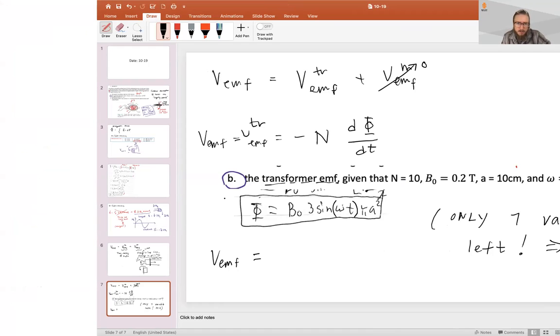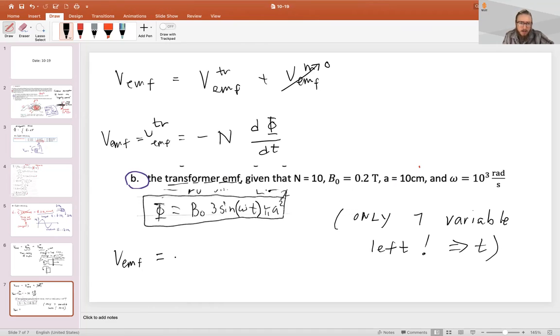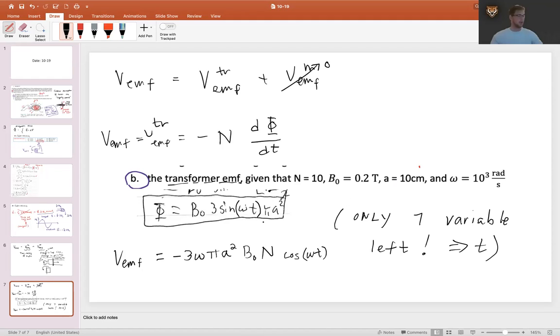All right, so in the interest of time, let's see, 3 omega pi a squared B naught, or N, cosine omega t. Did anyone else get that? Yeah, I got that.